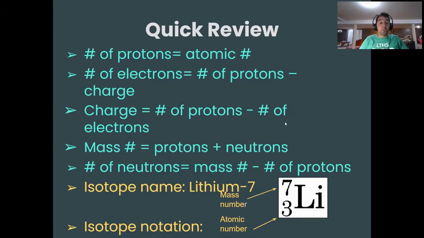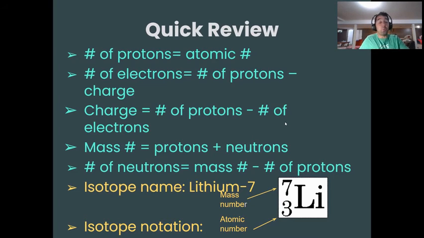To find the charge, you take number of protons minus number of electrons. So again, if you have 7 protons and 8 electrons, 7 minus 8 is -1, and you get a -1 charge.